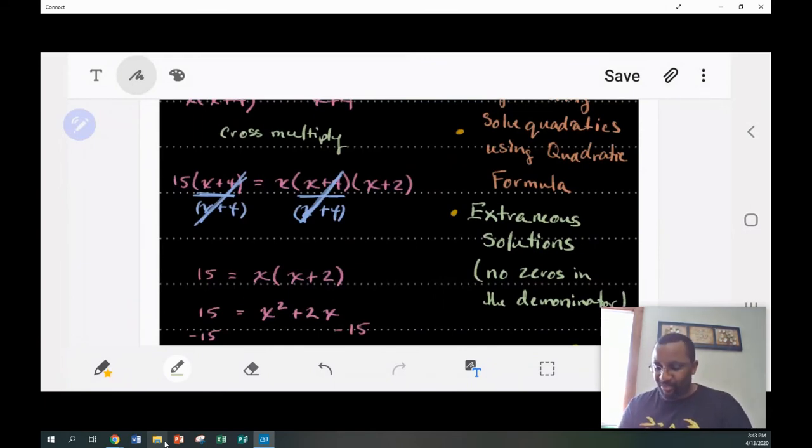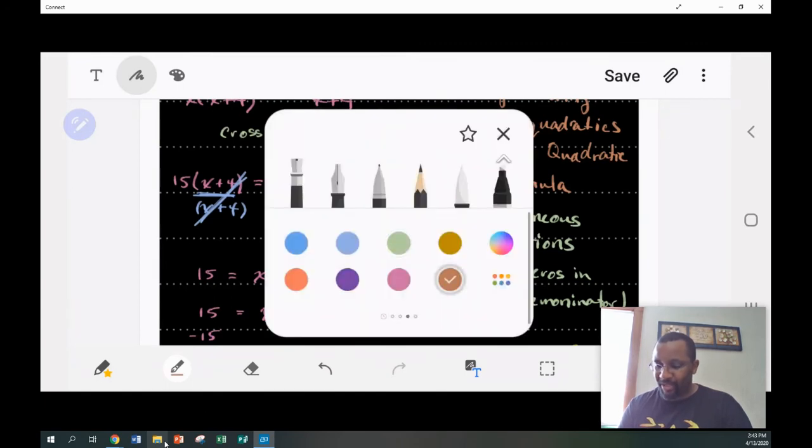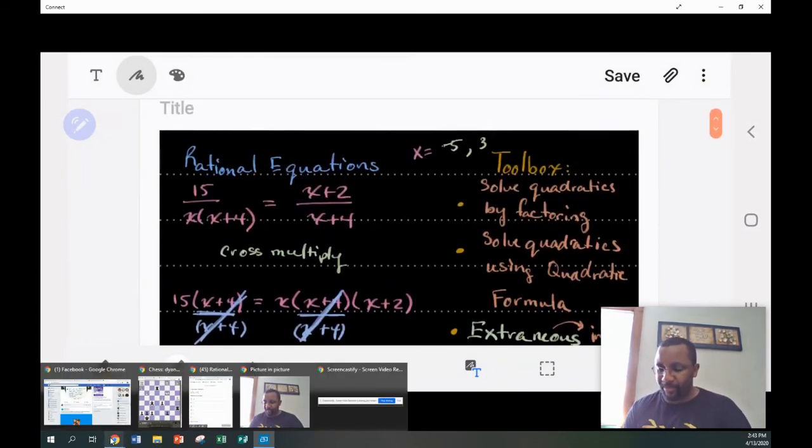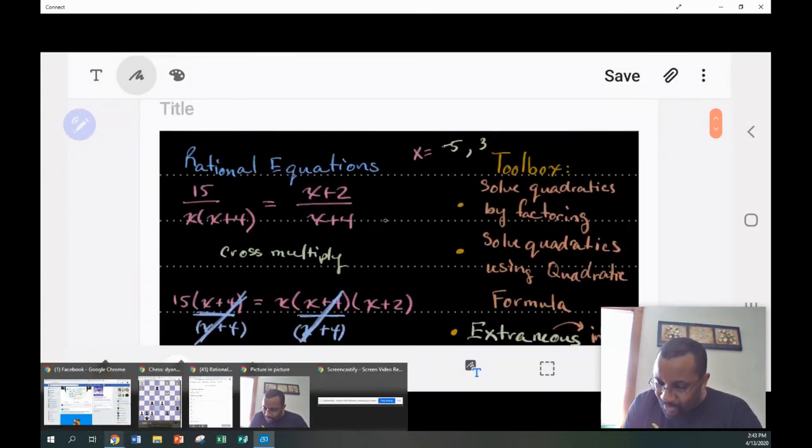Extraneous is really just talking about impossible things happening. So, for example, if we said that x equals -4, and we were to put that in here, well, -4 plus 4 is 0, and you can't divide by 0, so that's no good.